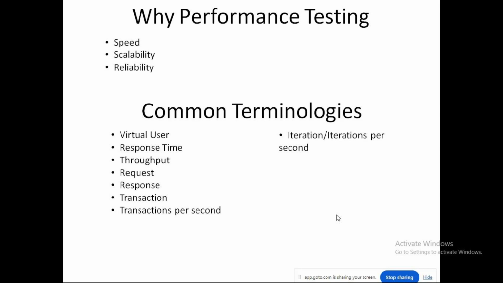Throughput and hits per second are directly proportional to each other, but throughput and response time are inversely proportional to each other, and all these things will be valid for a good performing application, guys. Clear, all of you?